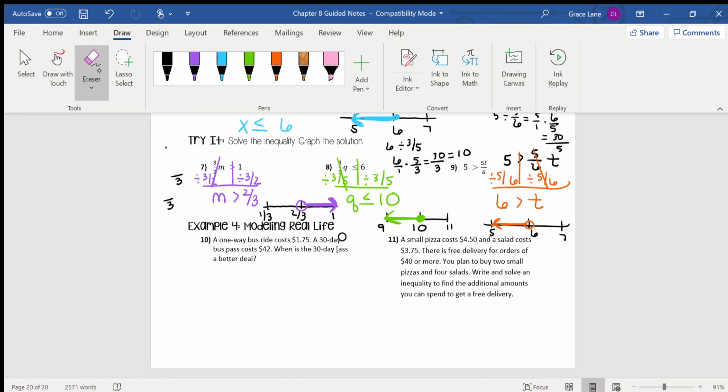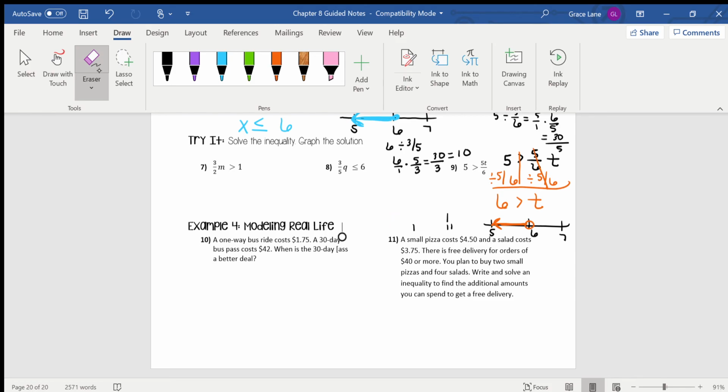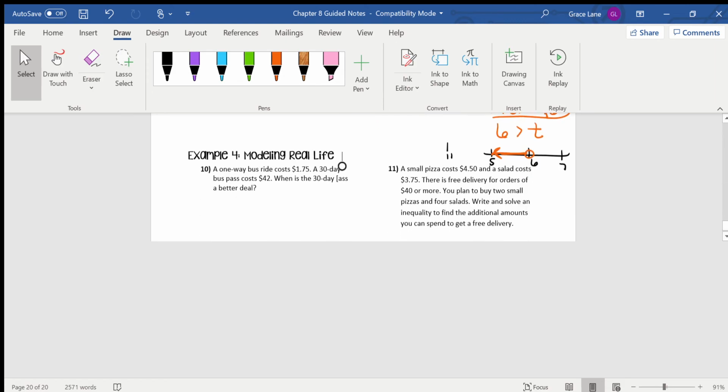let me erase this, but the last two, number 10 says a one-way bus ride costs $1.75. A 30-day bus pass costs $42. That should say pass.